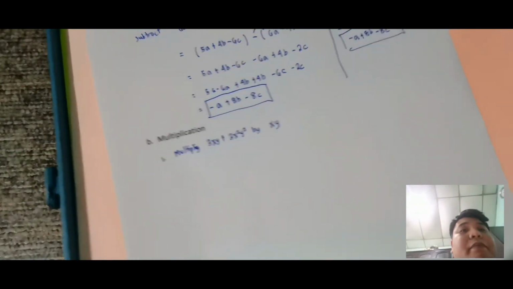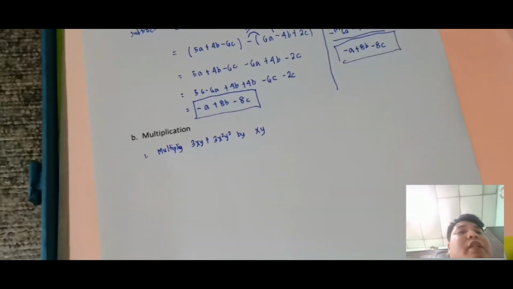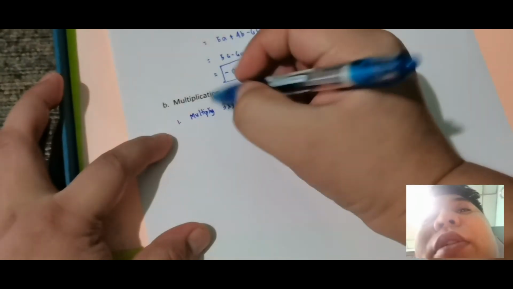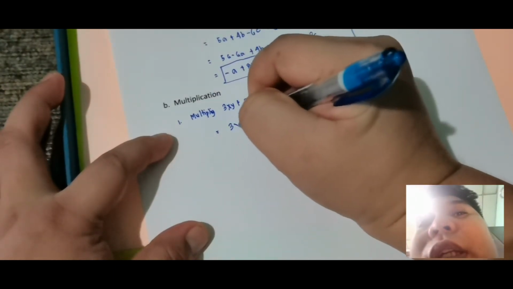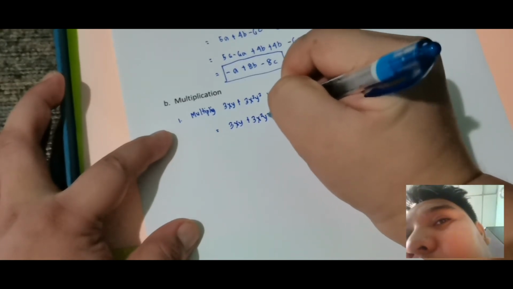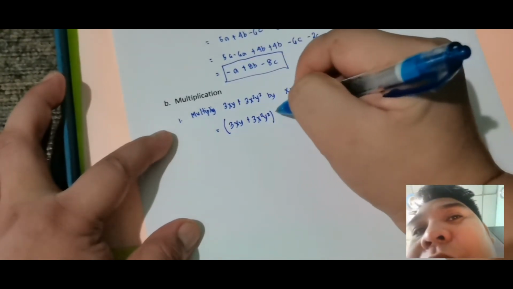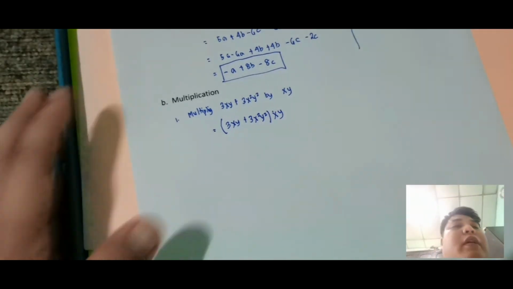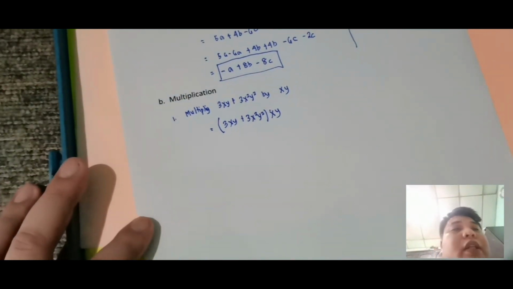So ano sabi? Multiply 3xy plus 3x squared y squared by xy. So ibig sabihin niya in terms of horizontal, that is 3xy plus 3x squared y squared, in parenthesis, multiplied by xy. Okay, next, anong gagawin?